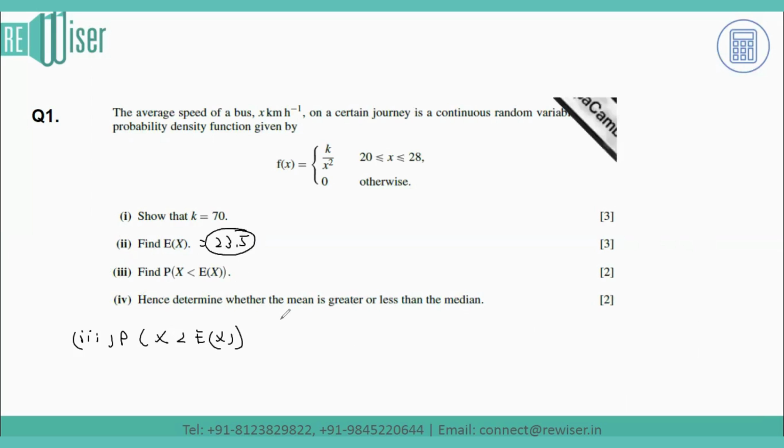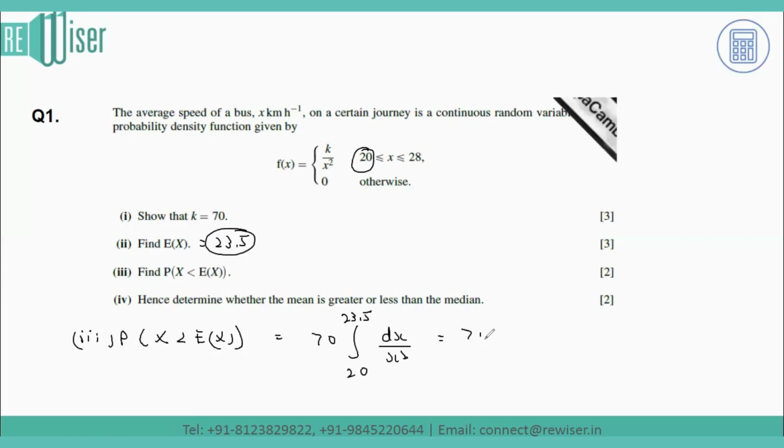So we have to integrate the given function. The k value is 70, which we already found. The lower limit will be 20, and the upper limit will go up to the expected value, 23.5, and our f(x) should be dx by x squared.